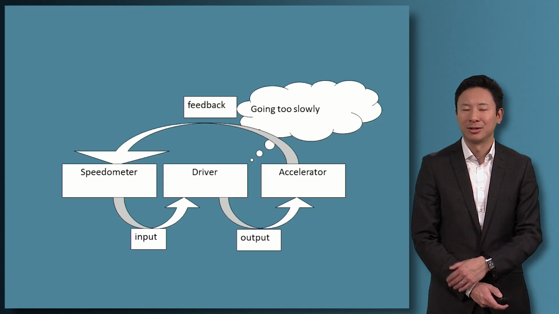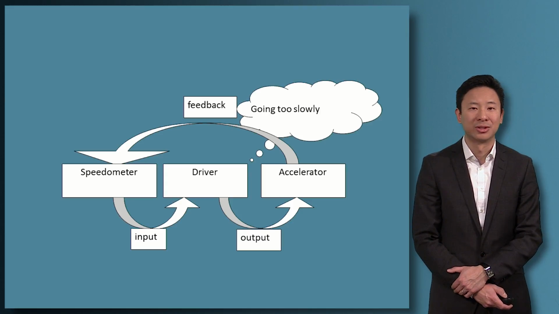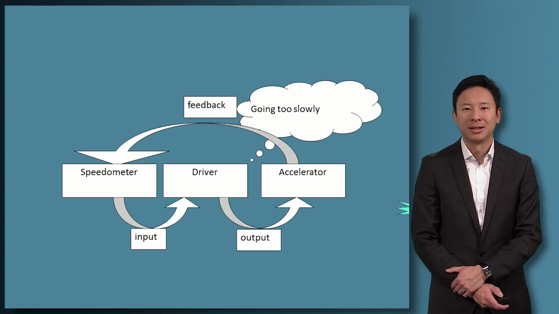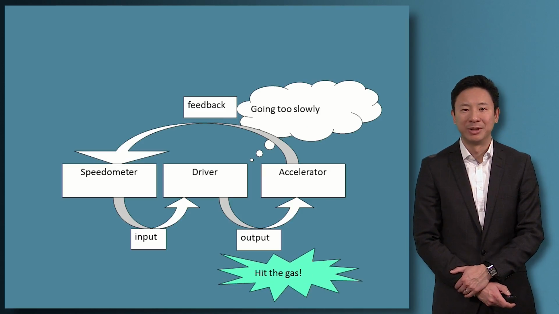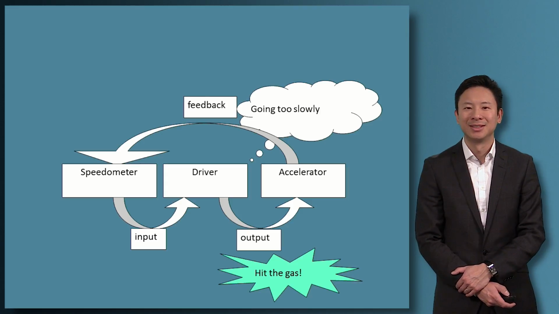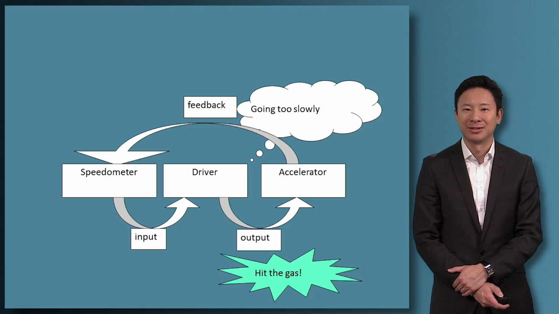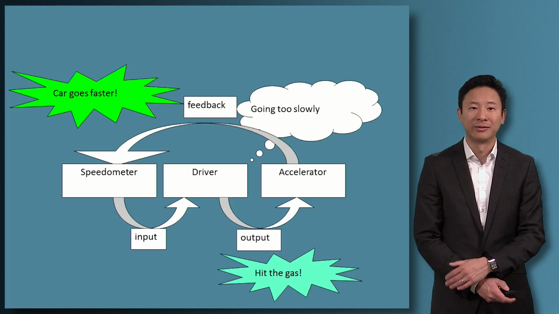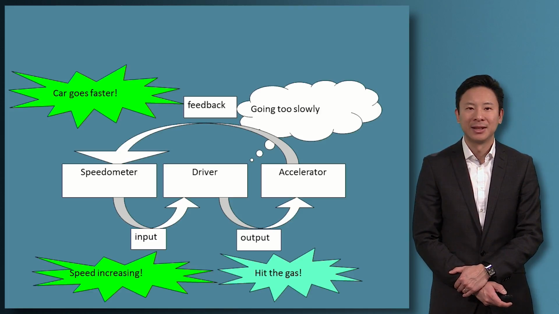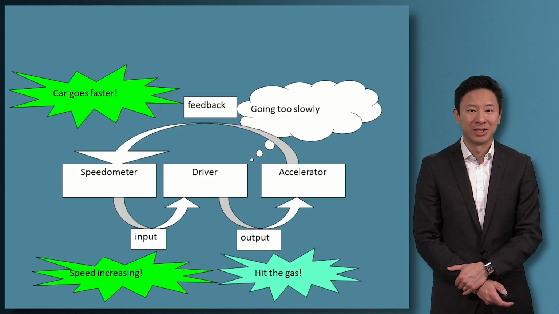Let's say the driver decides that the car is going too slowly. The response, in terms of the output from the driver, would be to hit the gas pedal. And that gas pedal then translates into motion in the accelerator and the car going faster. This leads to the speed of the car increasing as detected by the speedometer.